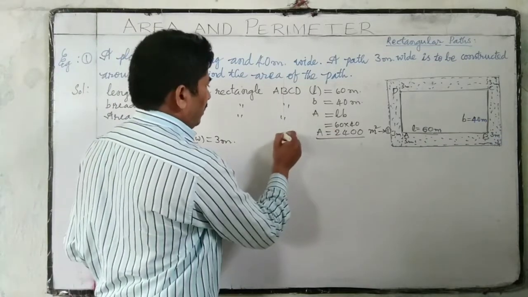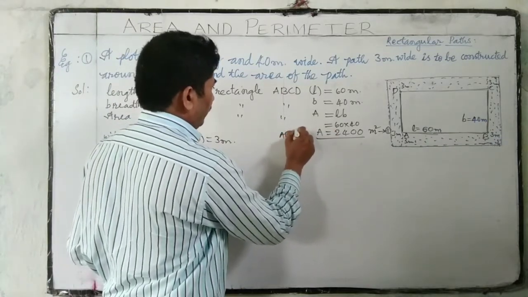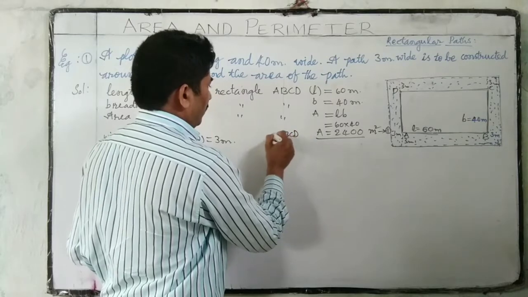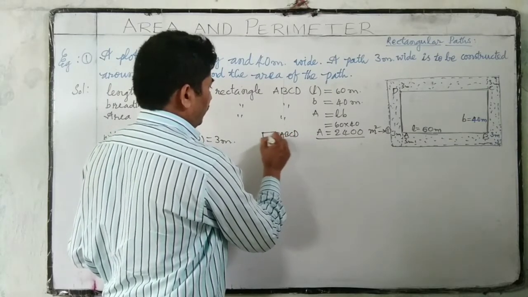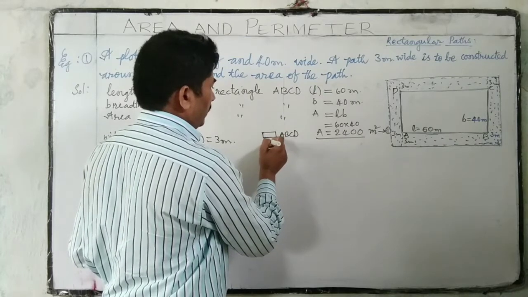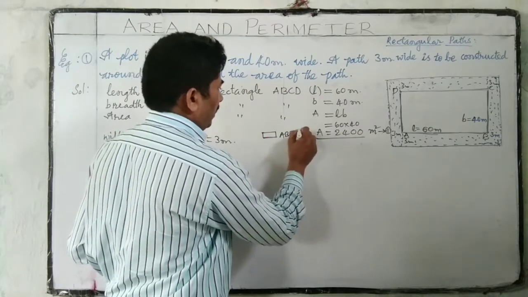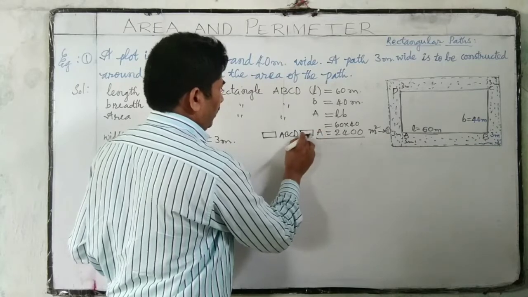This is the area of ABCD, inner rectangle ABCD.